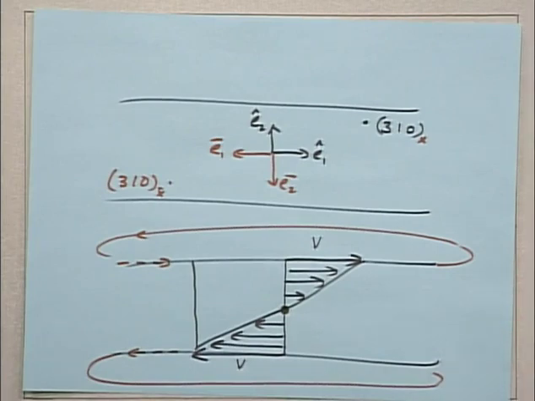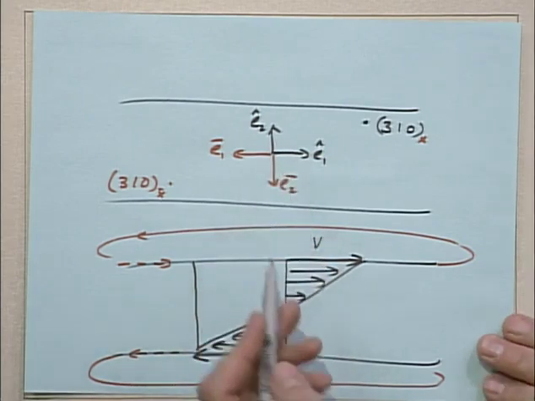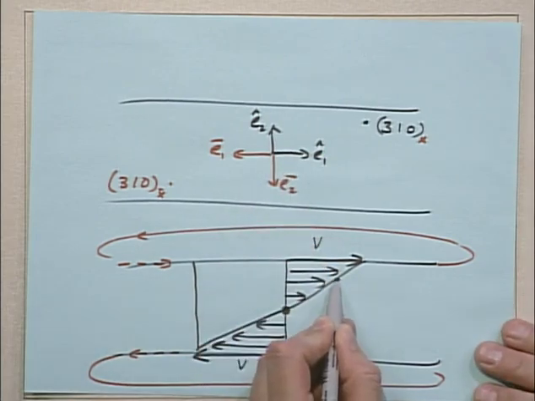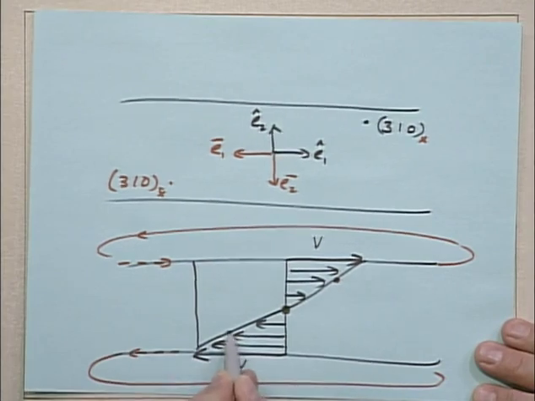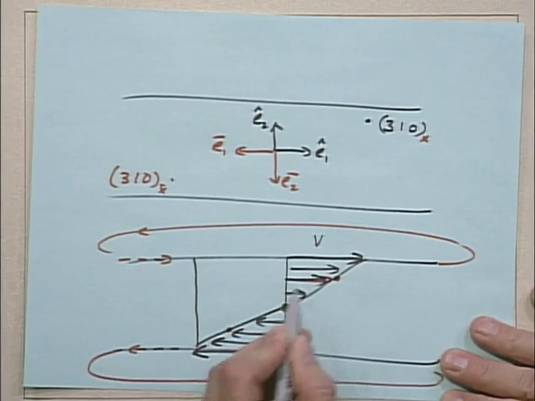Now, by looking at it and looking at the symmetry of the flow, we can tell that the velocity at this point 3, 1, 0 in the hat coordinate system, the velocity here, is the same as the velocity here. Okay, we can tell that they're the same, these two velocities.